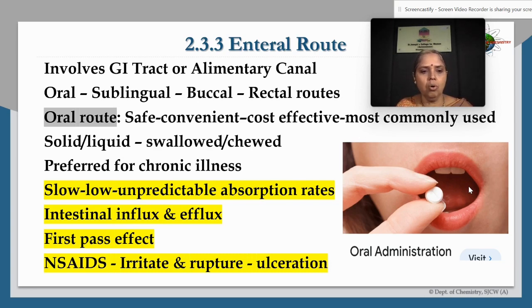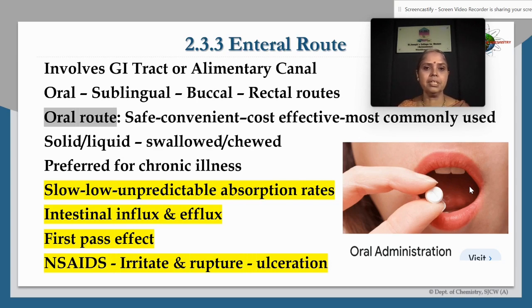So this is the oral route, solid or liquid, swallowed or chewed. We know some vitamin tablets, especially vitamin C, we always chew, we are advised to chew the tablet.